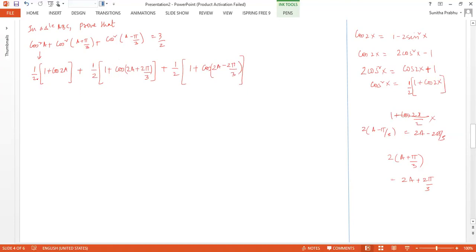So once again, we do this 1 by 2, 1 by 2, 1 by 2. That gives 3 by 2, plus 1 by 2 into cos 2a plus cos 2a plus 2 pi by 3, plus cos 2a minus 2 pi by 3.